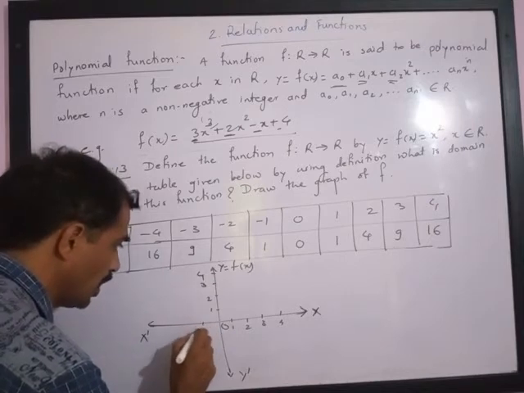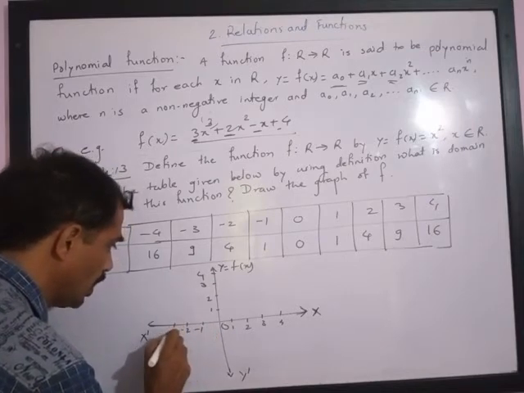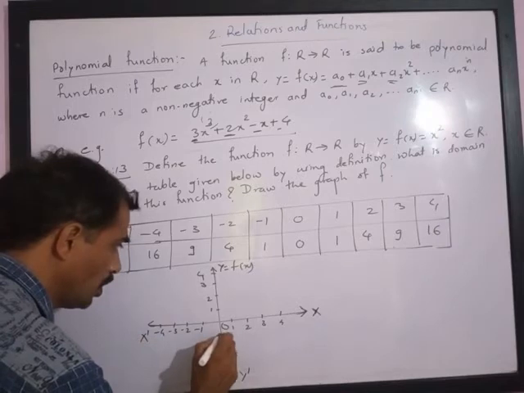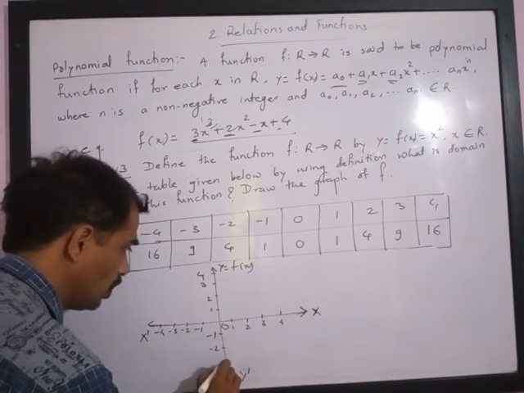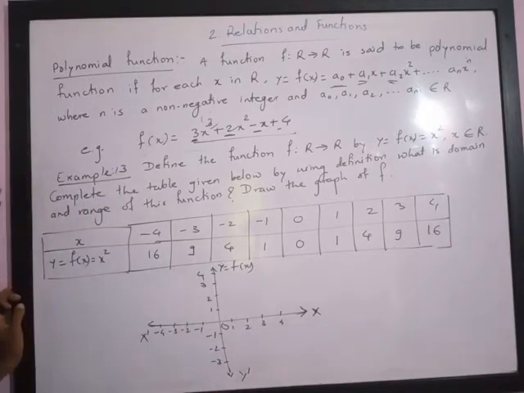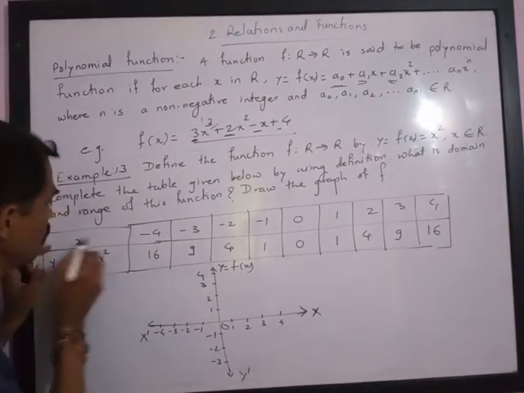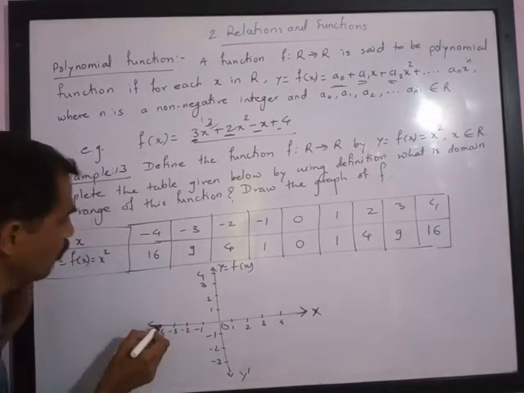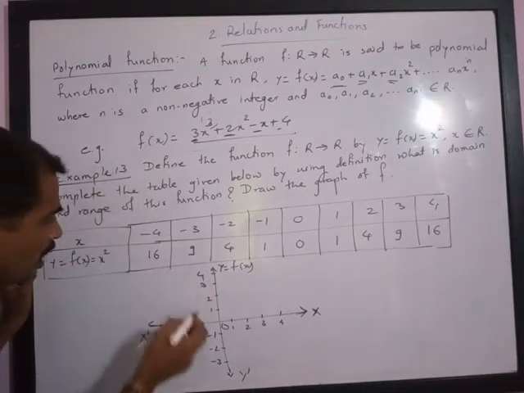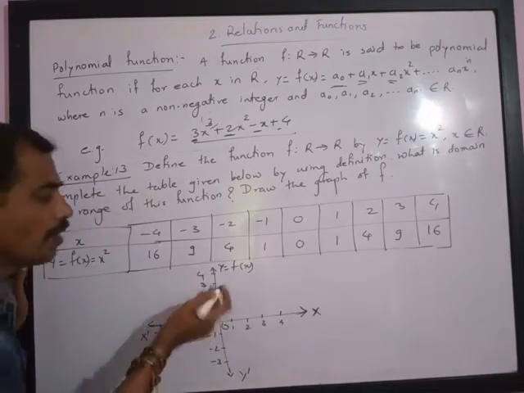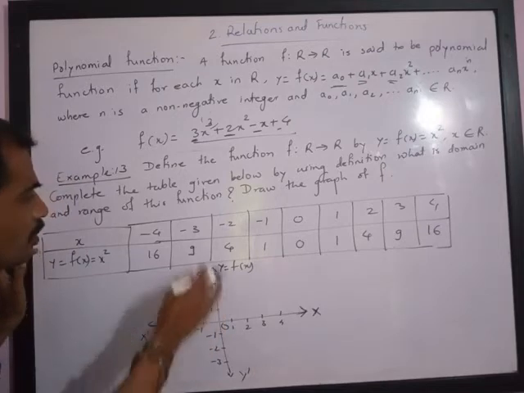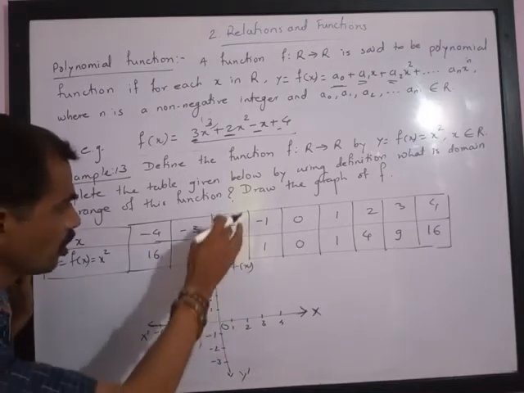This side it is negative 1, negative 2, negative 3, negative 4. In the notebook you can draw more properly. For negative 4, please note x is negative 4, and for this it is 16, so it will be upside. I have not plotted the 16 point. Negative 3 is 9, that is also not possible for me.